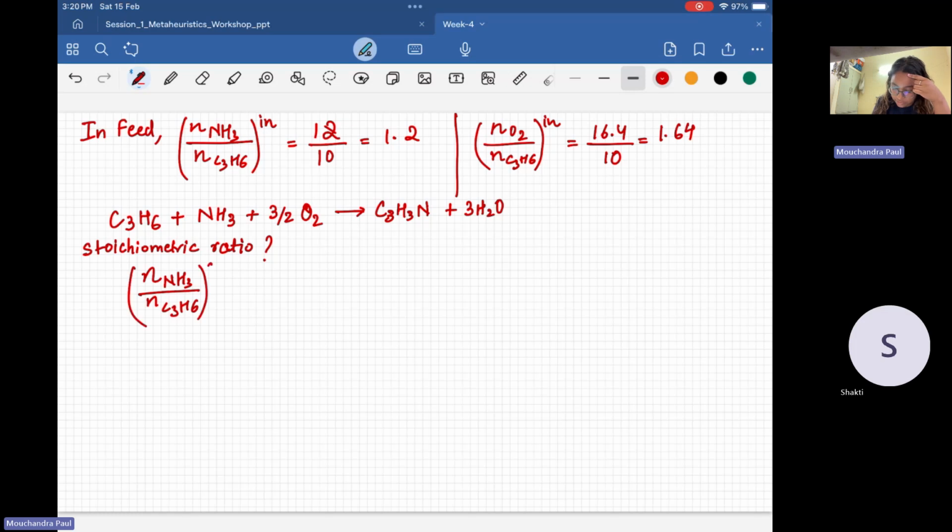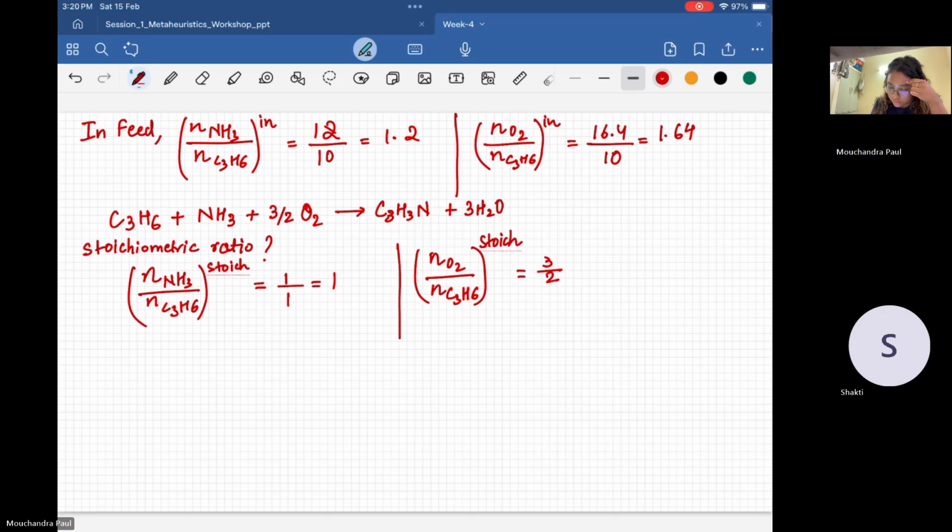I'm adding a subscript of stoich in order to differentiate these two ratios. So what we get is 1:1, that is 1. And similarly, the number of moles of O2 by the number of moles of C3H6 stoich is 3 by 2 by 1, so it is 1.5.